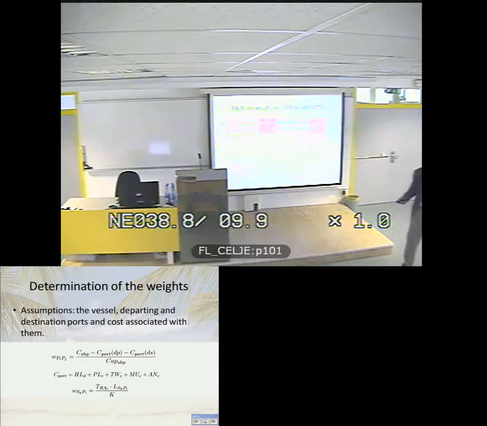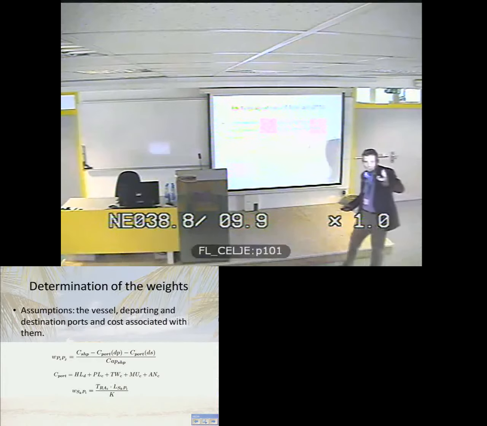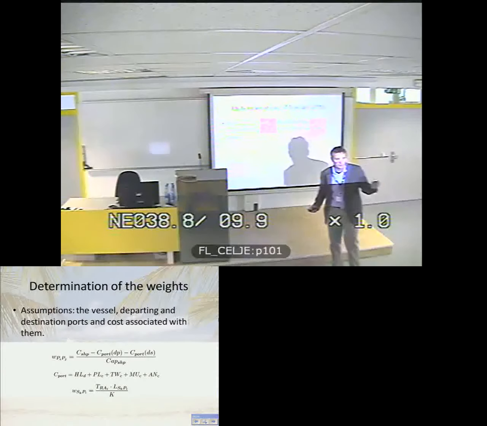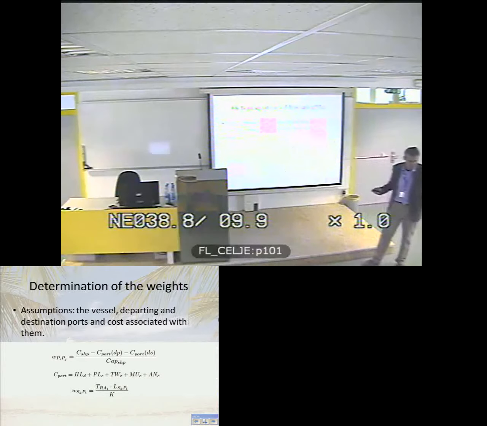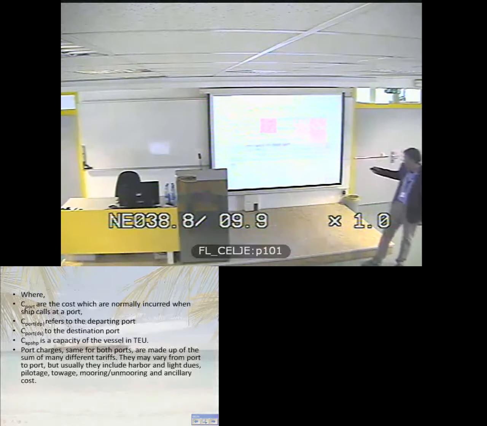Because we translate everything to just one TEU. TEU is one. We model everything according to one TEU in the end. Okay, that's it. This explains the structure of the port costs.